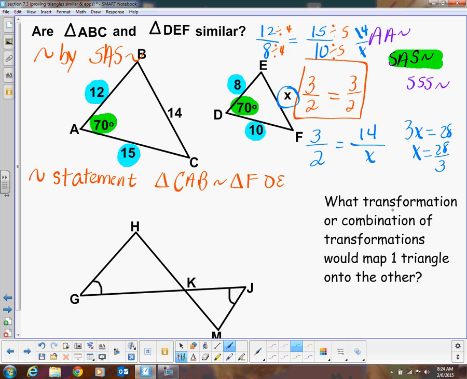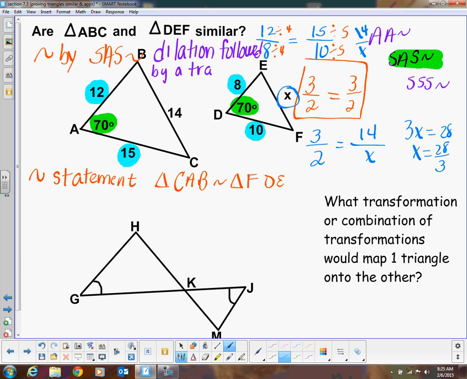Now, what transformation or combination would map this triangle onto that triangle? Dilation, okay, followed, that's not going to be enough, followed by a slide, which is a translation.